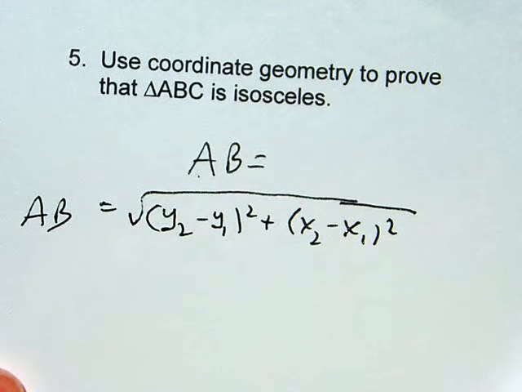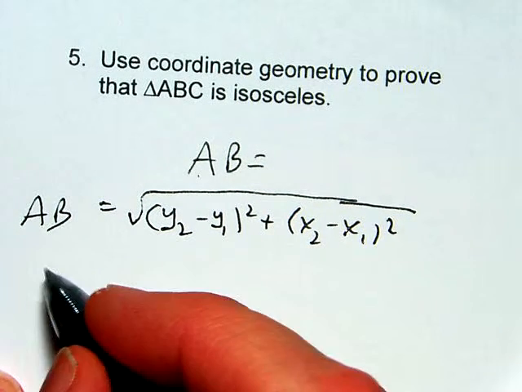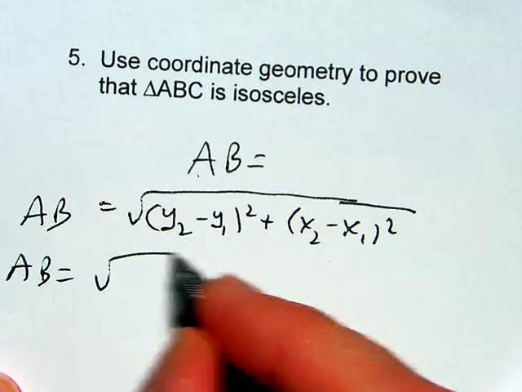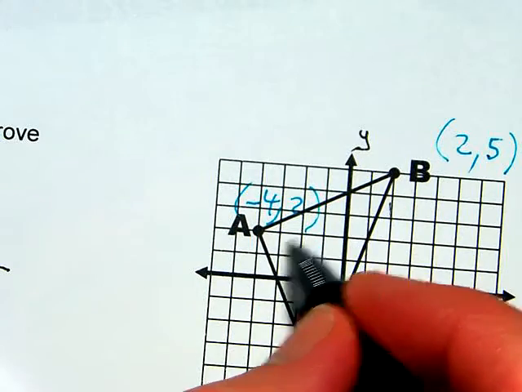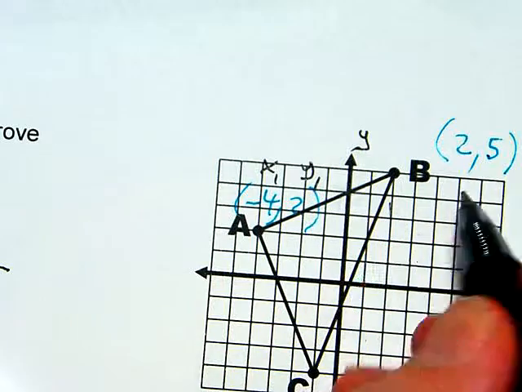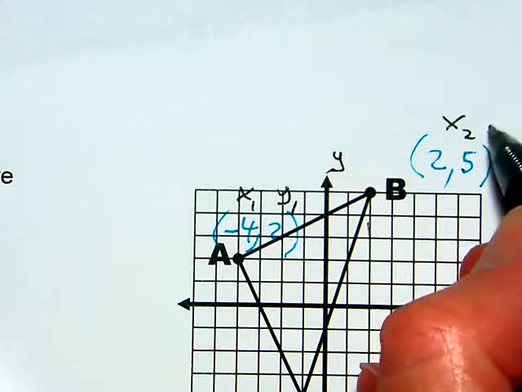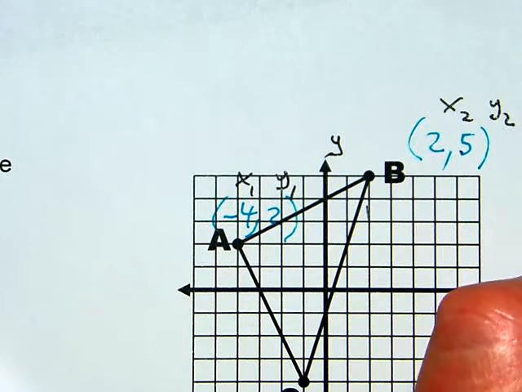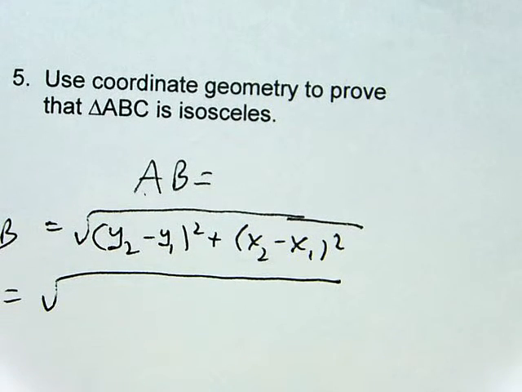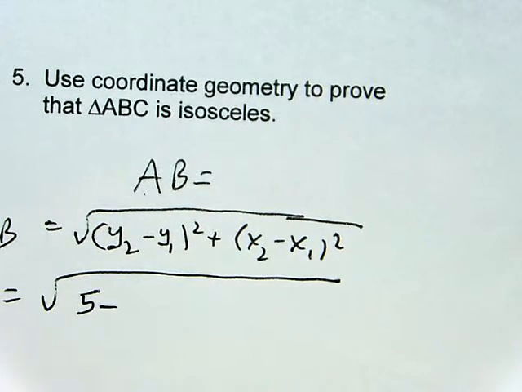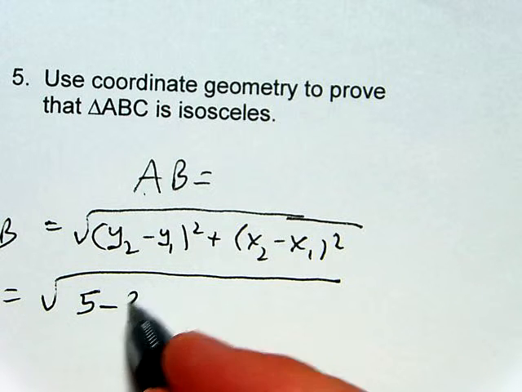So remember, A is negative 4, 2. So let us call this our x1, y1. And let's call this our x2, y2. So then, labeling it like that, let's fill in for our distance formula. So y2 minus y1 is 5 minus 2 squared.